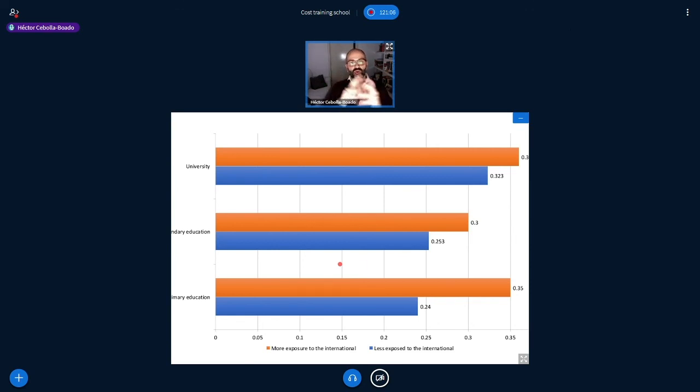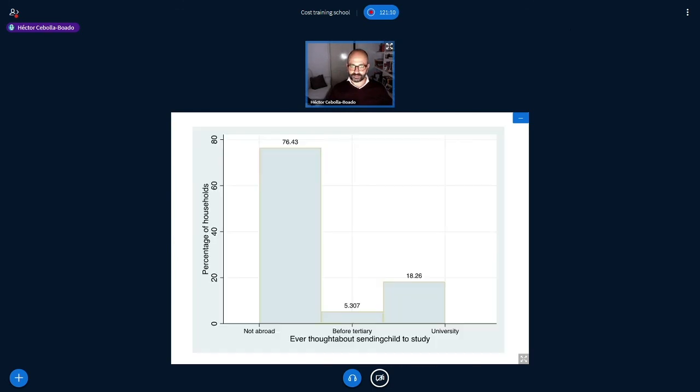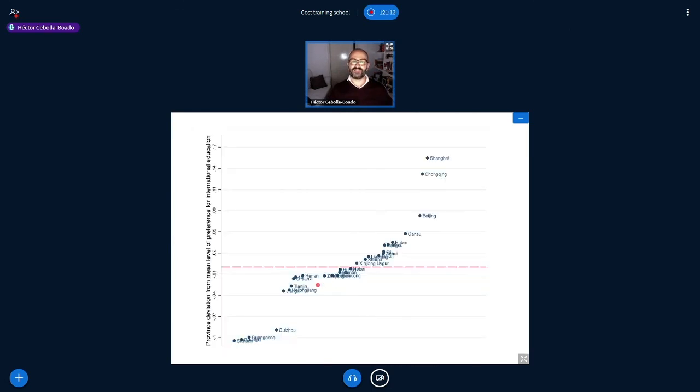It also helps you explain why these different regions are different from the average in China, right? This is the average, and this is how different regions differ in the likelihood of students considering moving abroad for their education. You can use specific independent variables to account for this between-region variation.